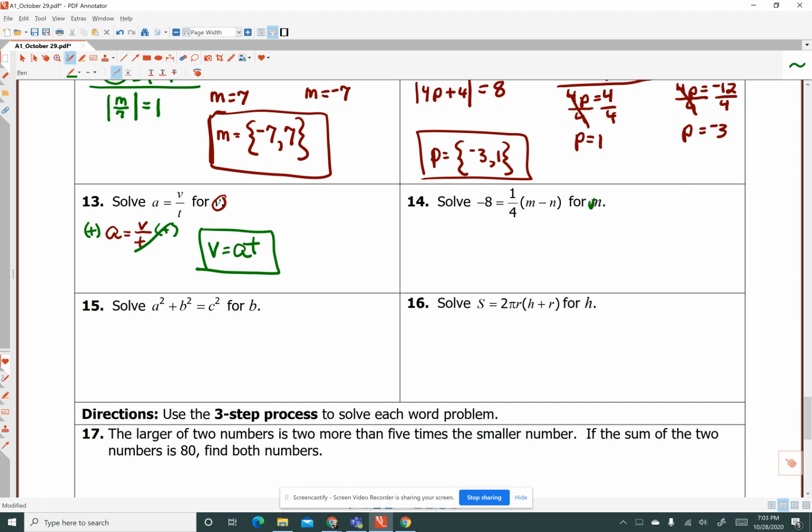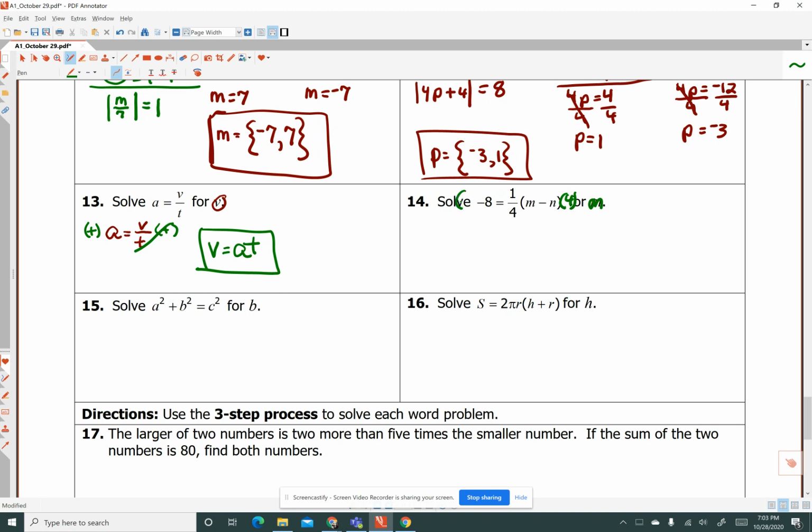So here we're solving for m, and because we're solving for m, I think the first thing I want to do, even before I distribute, is multiply by 4. So I'm going to multiply both sides of the equation by 4.